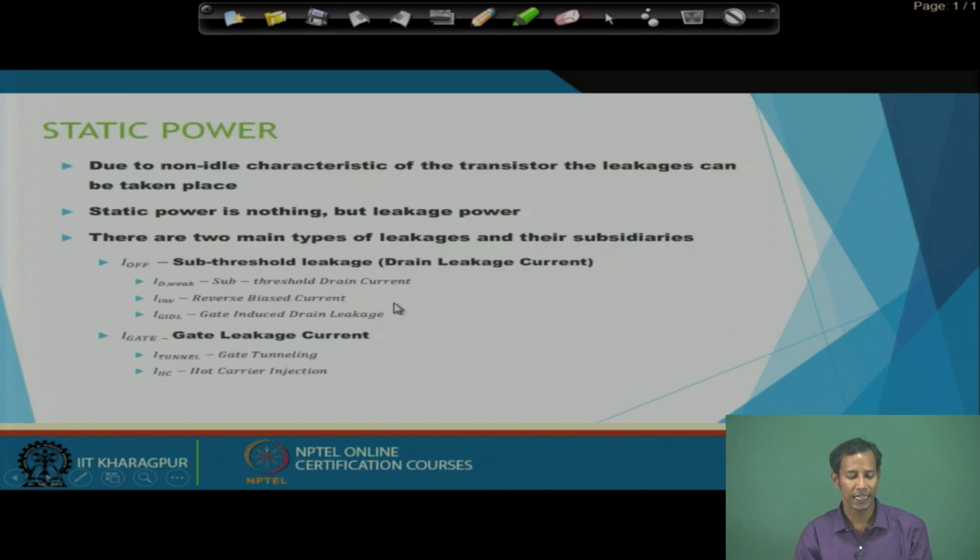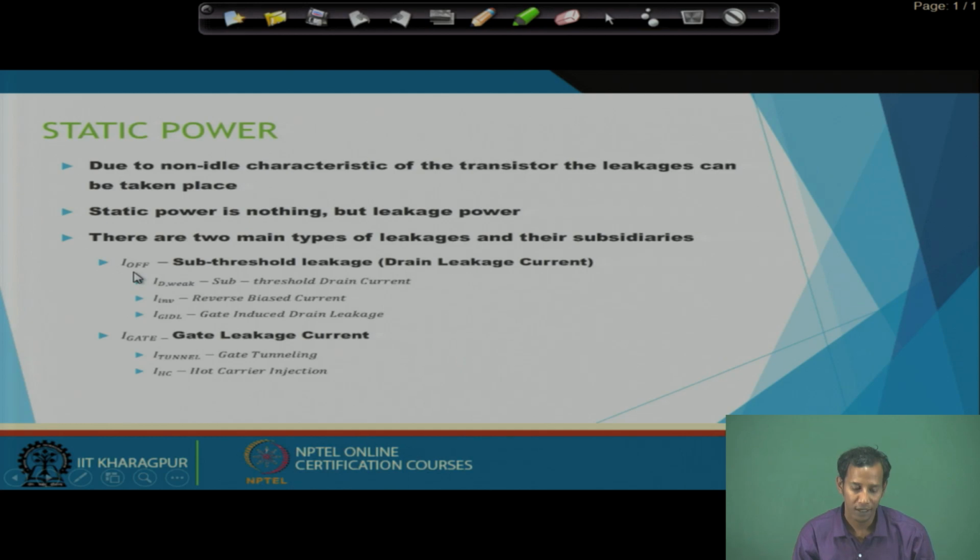Then the static power. Static power is consumed due to the non-ideal characteristics of the transistor, which causes leakage. Static power is nothing but leakage power, and there are two main types of leakage and their subsidiaries: I off and I gate.